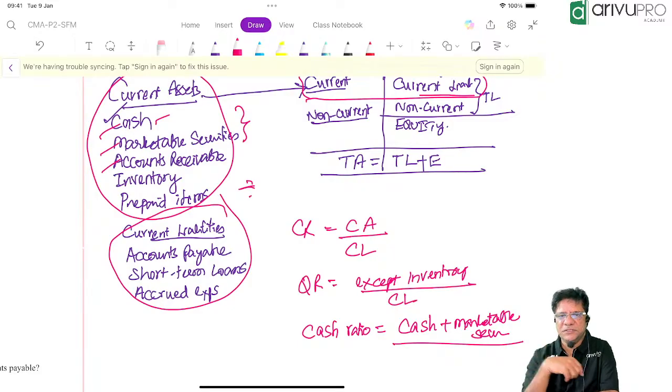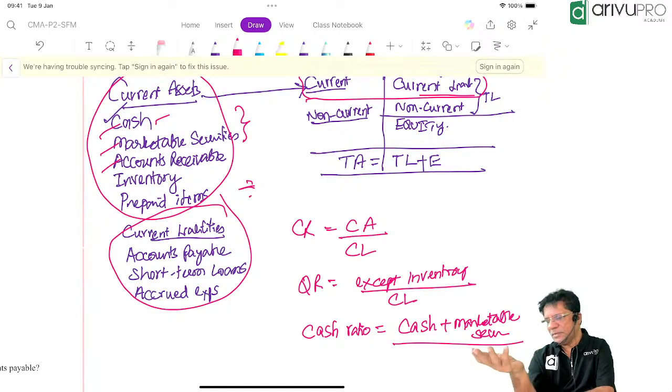What is accounts receivable? Debtors. What does it represent? Customers have to pay us; it is due from credit customers. We sell the goods on credit and we agree on some credit term.